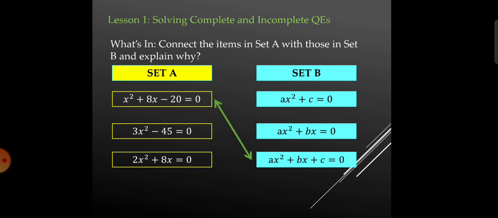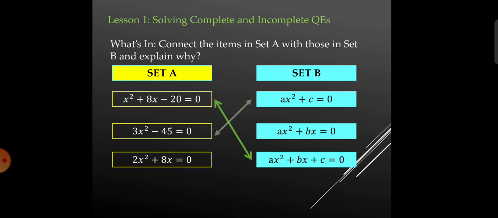So we have there, the first equation in set A is connected to set B. The format is ax squared plus bx plus c equal to 0, wherein the trinomial is complete. It has 3 terms. How about the second equation in set A? 3x squared minus 45 equal to 0.